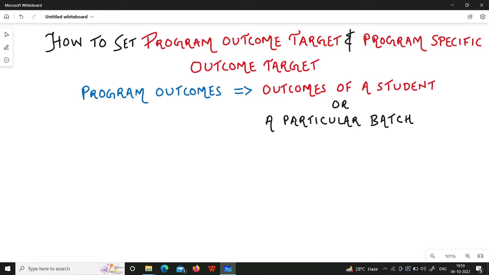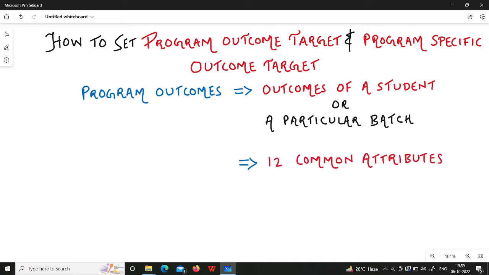Before outcome based education, or before NBA, we were having the changes in a particular batch after graduation, but we were not having a measurable quantity, a gaugeable quantity. We were not having numbers so that we can say these are the changes in a student, these are the changes in a particular batch. Now we can have the numbers, based on program outcomes.